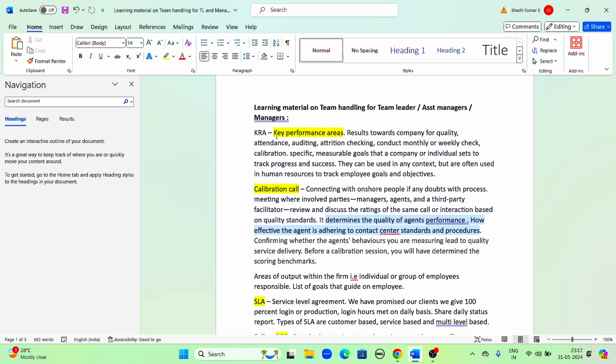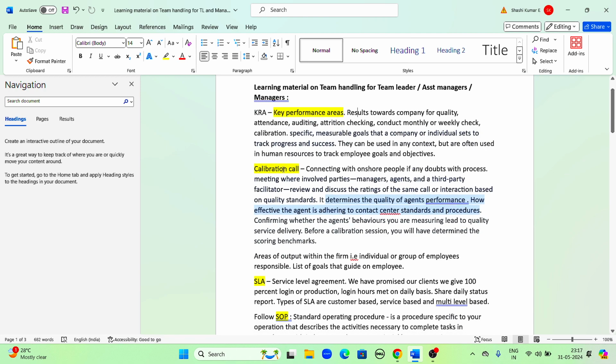So this is the meaning of key performance areas. It usually comes in the HR domain to track employee goals or objectives. If not, it even comes in a regular team as well. So it's a combination of quality check, attendance, auditing, and monthly or weekly checks in the team.